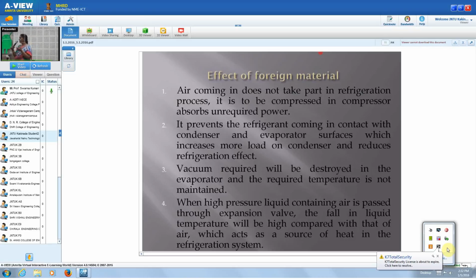So whatever refrigerant is coming from the expansion valve will always be at a higher temperature, because air is not expanded and will be at a higher temperature, so that will add some heat. Due to that, the refrigeration effect produced in the evaporator will also be less.